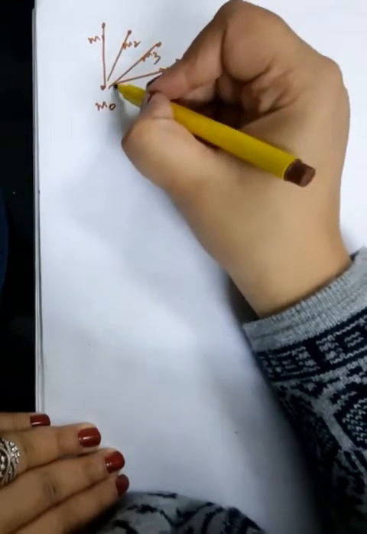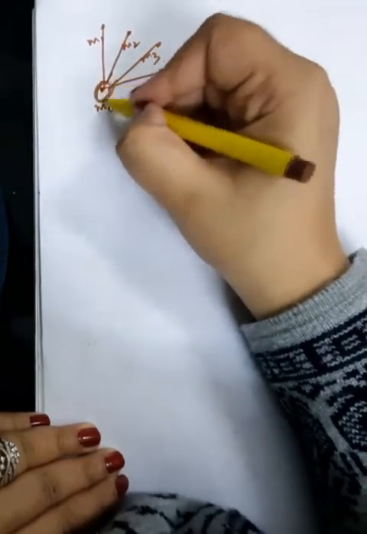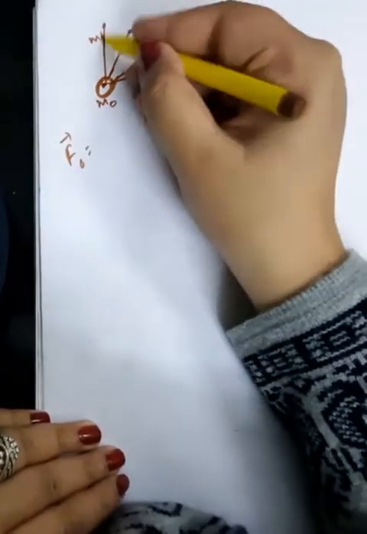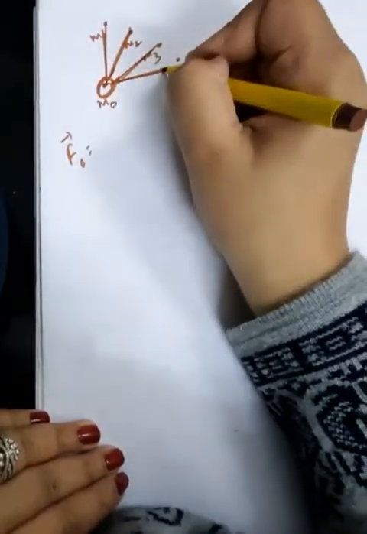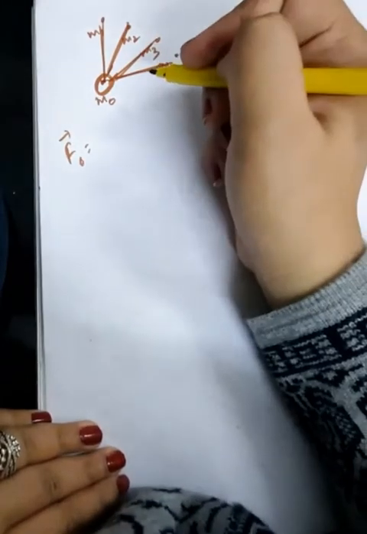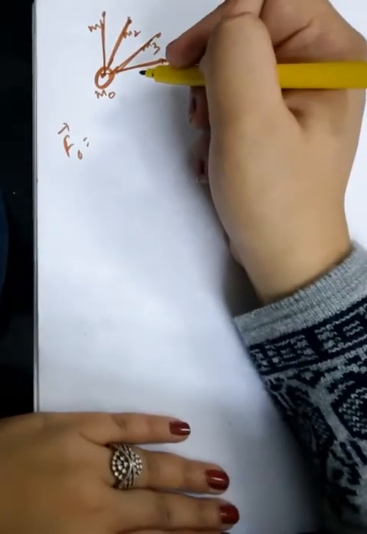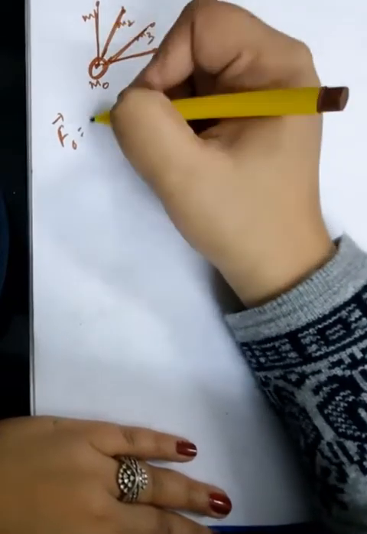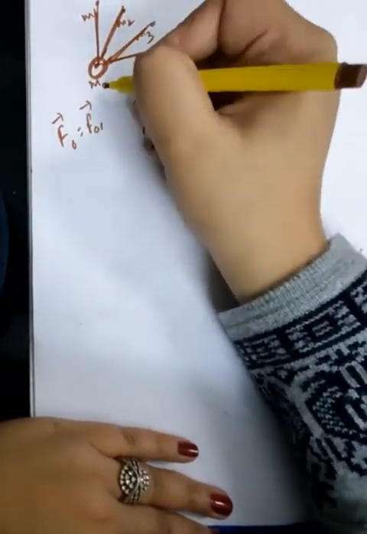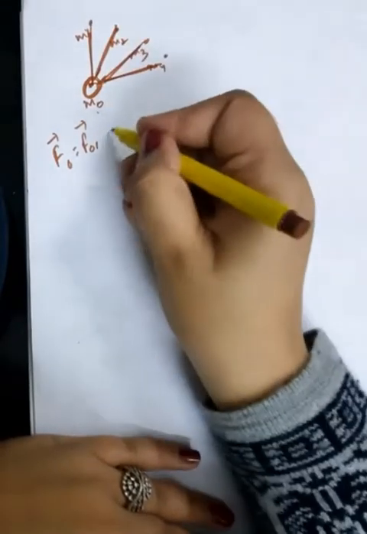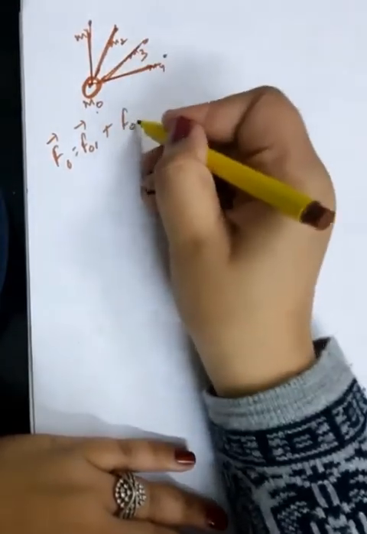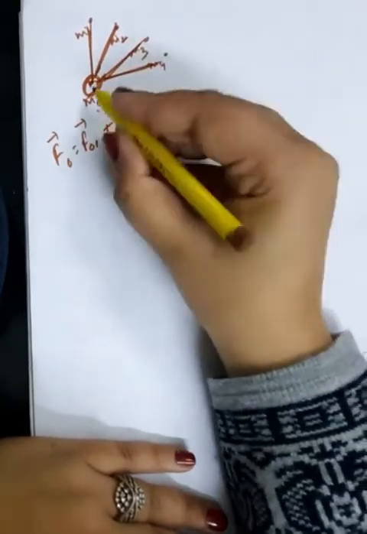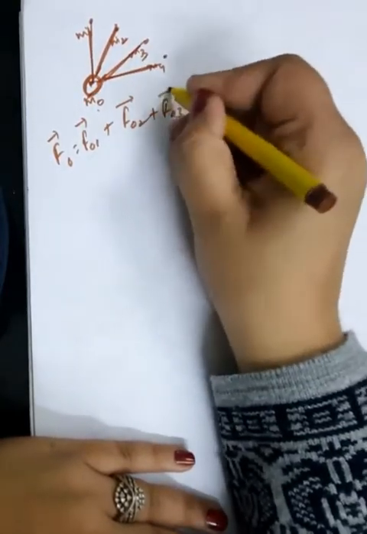If you want to find out the total force of gravitation on mass m0, which will be F0, that will be equal to the sum of the individual forces. This is not an ordinary sum, this is a vector sum which is found by using triangle law. So F01, the force of attraction between m0 and m1, plus F02, the force of attraction between this and the second mass, plus F03, and so on.